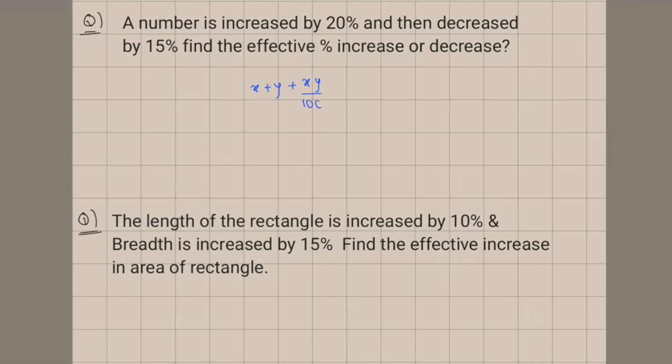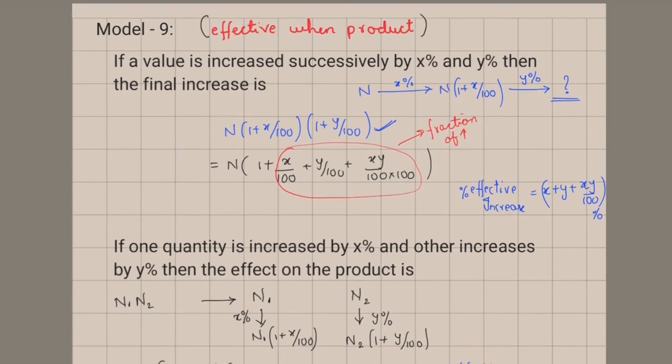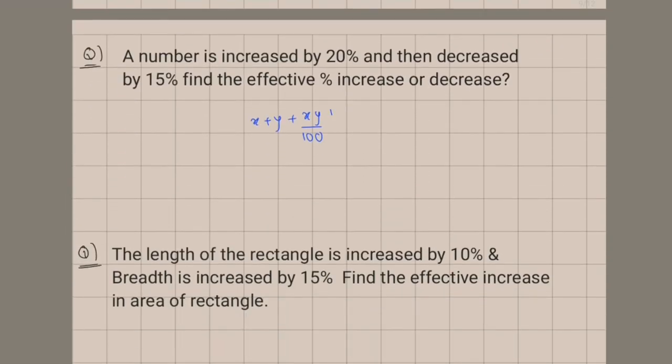This is the observation we have got when we have done this problem. సో ఇక్కడ x ఏంటి 20, y ఏంటి 15. ఇది 15 వేసారంటే మీరు అక్కడ మార్క్ పోతుంది, ఇక్కడ 15 కాదు, ఎందుకంటే ఇక్కడ 20% ఇంక్రీజ్డ్, 15% డిక్రీజ్డ్. సో 15% డిక్రీజ్డ్ ఈక్వల్ టు -15% ఇంక్రీజ్డ్. సో ఇక్కడ y ప్లస్లో -15 వేయాలి మనం.